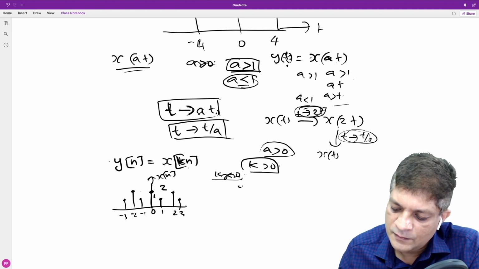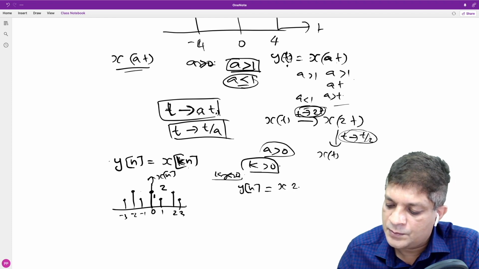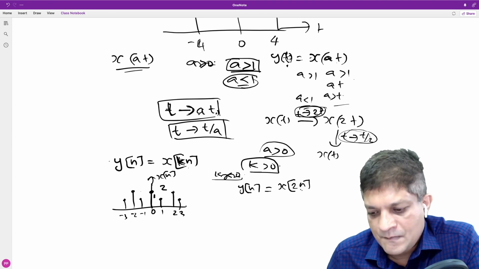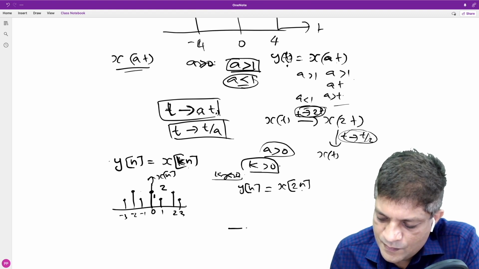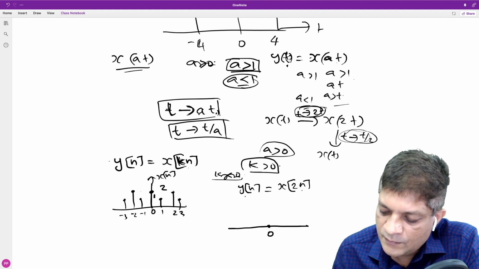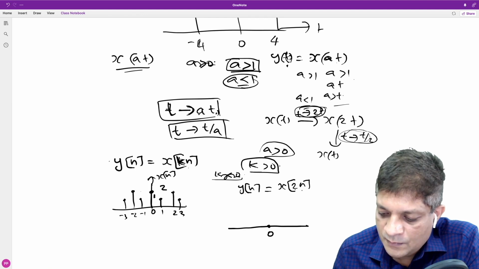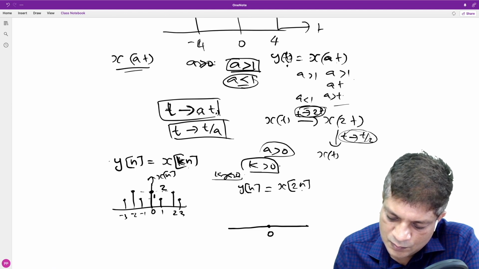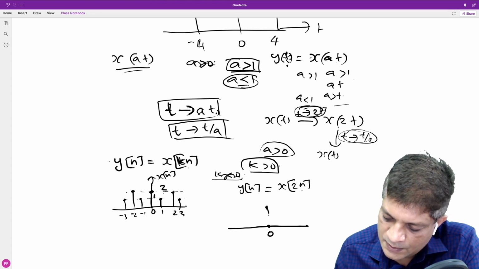What is the signal y[n]? y[n] is equal to x[2n]. Is it a compressed version of the signal? We can sketch it like this. What is the value of y[0]? y[0] is x[0], which is 2.